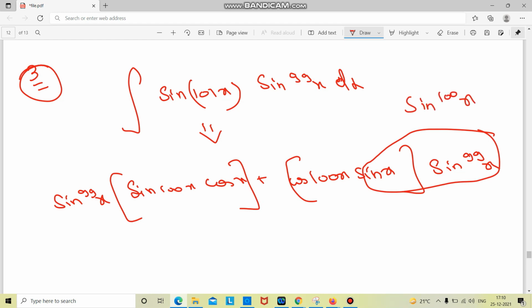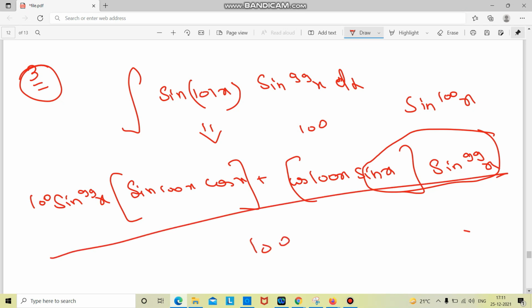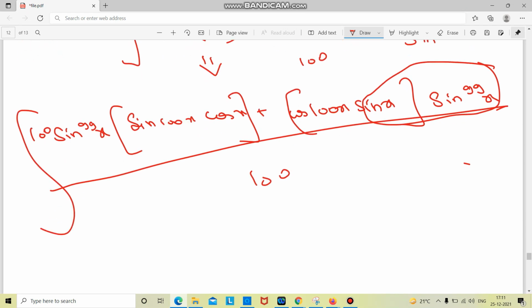Here you will combine and get sin 100x. You can also multiply by 100 and also divide it.